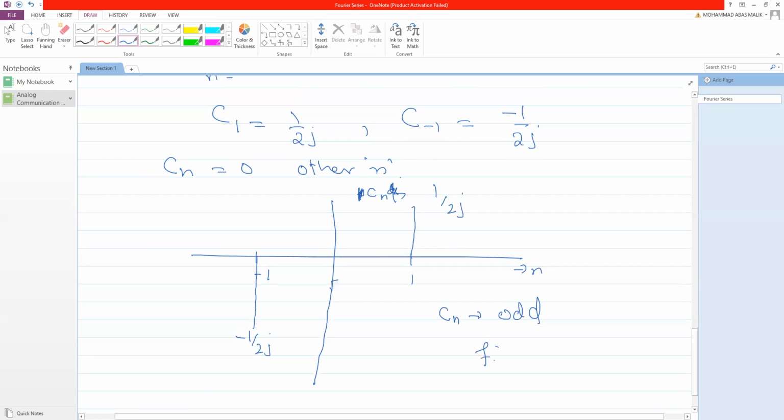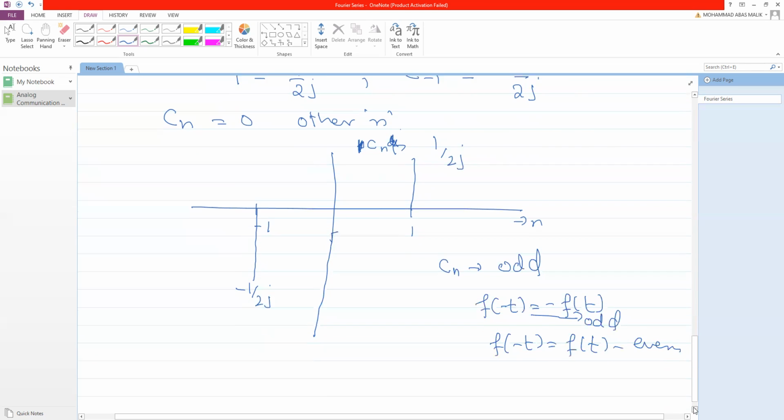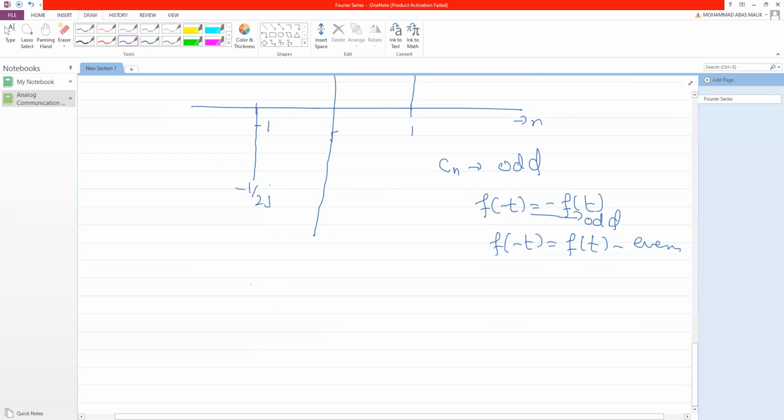Because if f of minus t is equal to minus f of t, then the signal f of t is an odd signal. If f of minus t is equal to f of t, then this type of signal is called an even signal. So this is an odd spectrum.